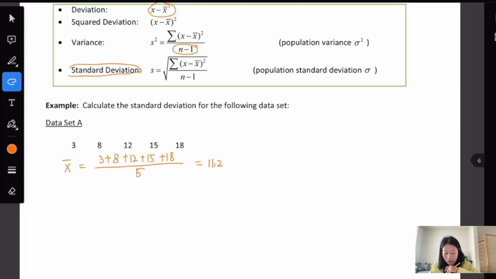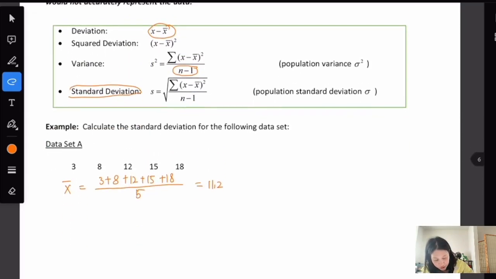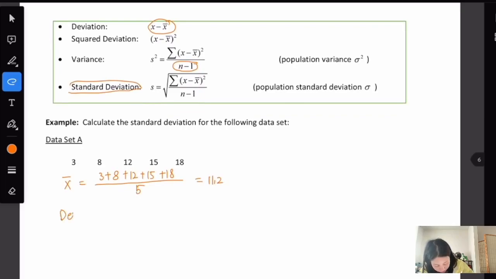And then the next step is we want to find the deviation.